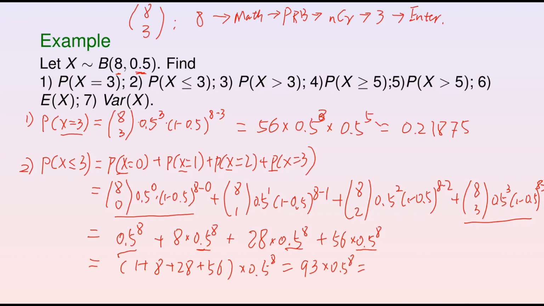I got a different one. What I got is 0.363. Do they all have the common term, 0.5 to the power of 8? Because I thought that's going to decrease each time.